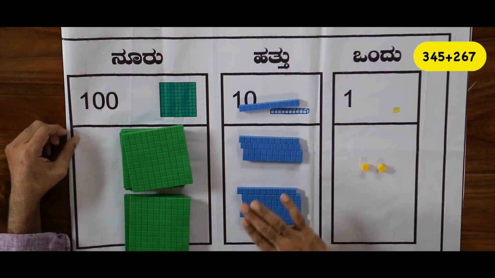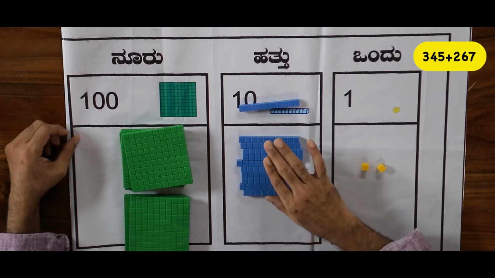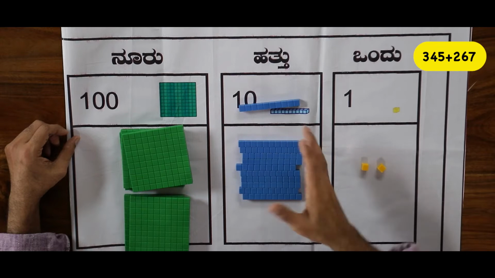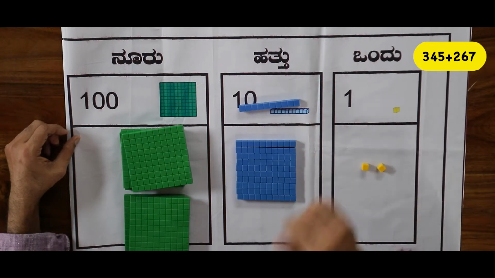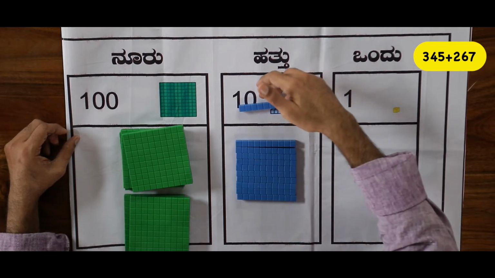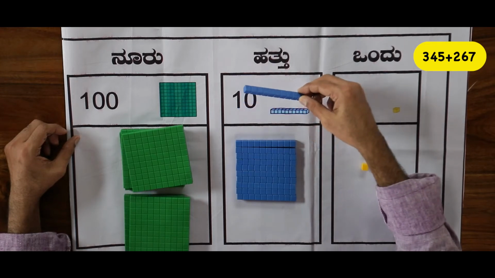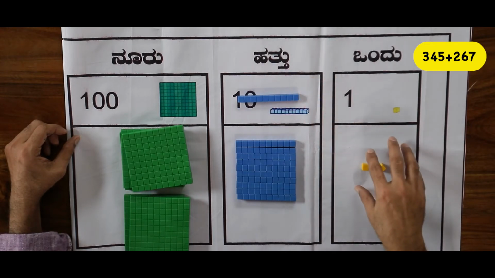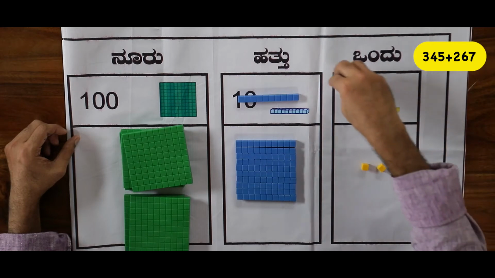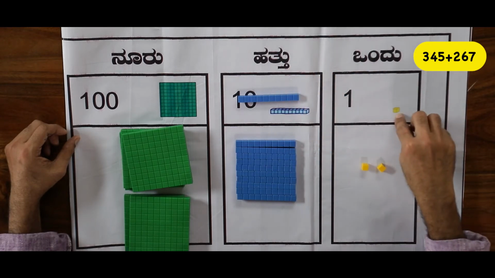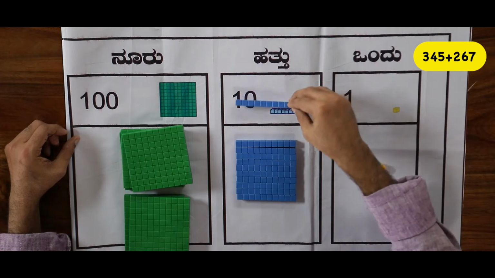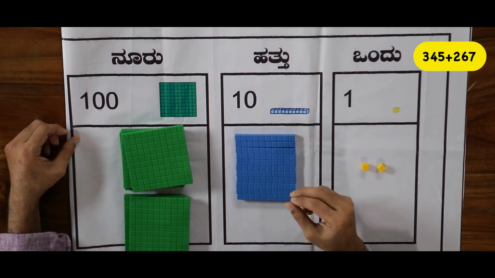Just like what we did with the yellow cubes, we should count these blue rods of the tens place. Let us count them. What should we do with this blue rod? We got this blue rod because of carryover. That one blue rod can come down here.